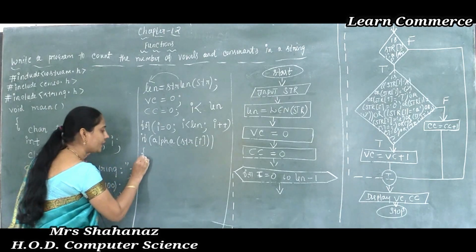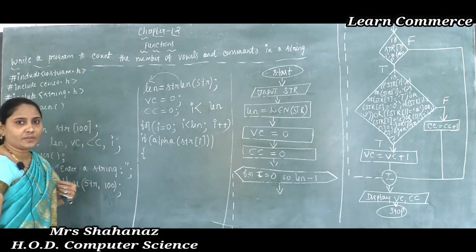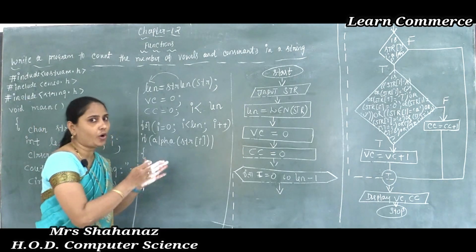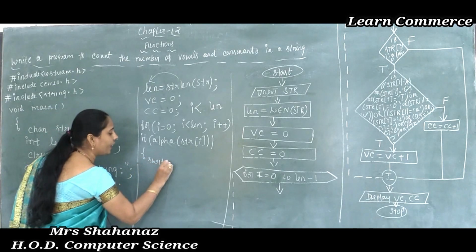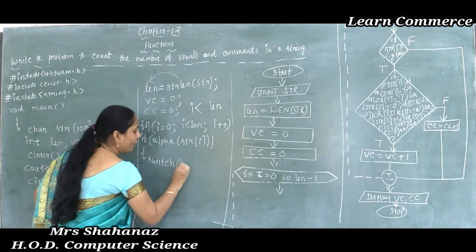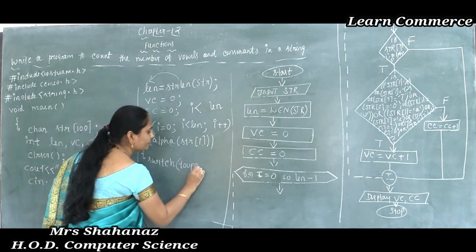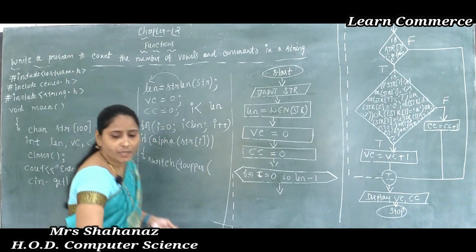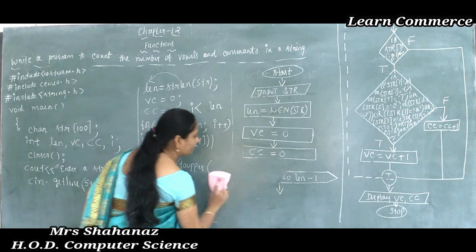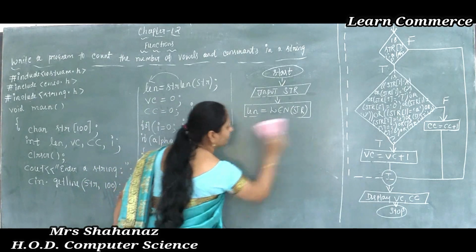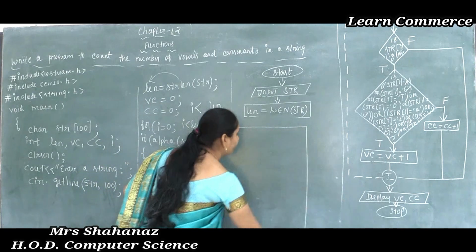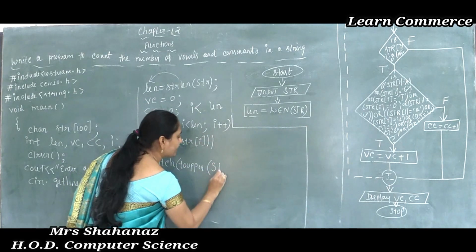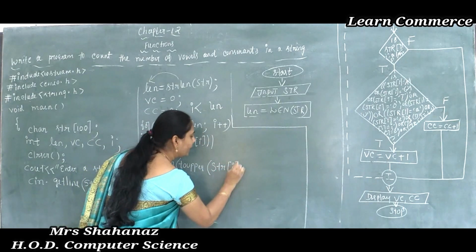If the condition is true, the character may come under VC or CC, but before that I am using something else here: switch to upper, switch to upper str of I. Clear this point here.